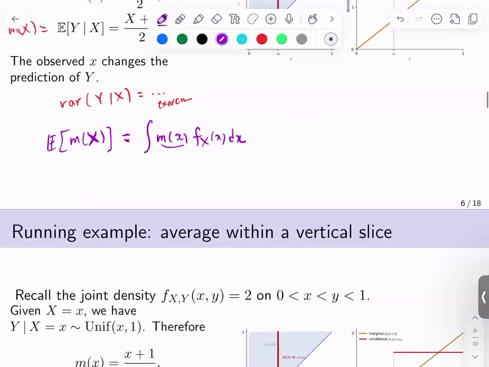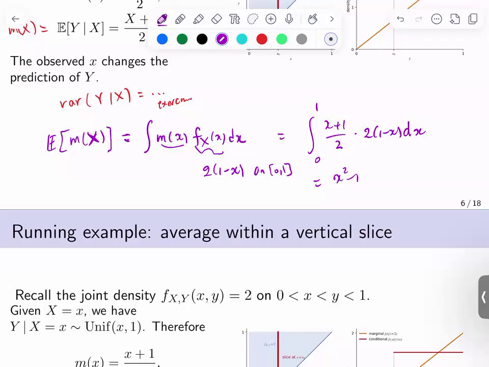The density of x is, we have done it before, so hopefully that's the density of x on 0, 1, and 0 elsewhere. So this is going to be, the function is x plus 1 over 2, and then you get 2 times 1 minus x, dx from 0 to 1, and 3x squared minus 1, 0 to 1, right?